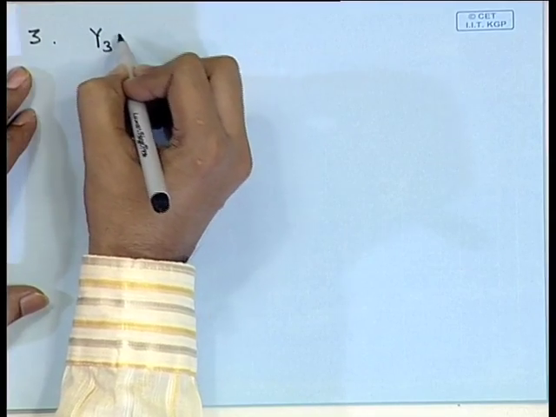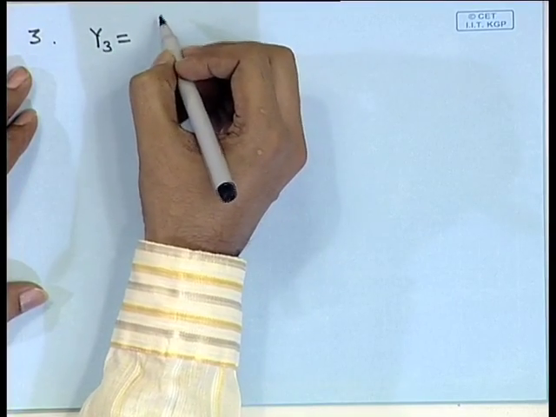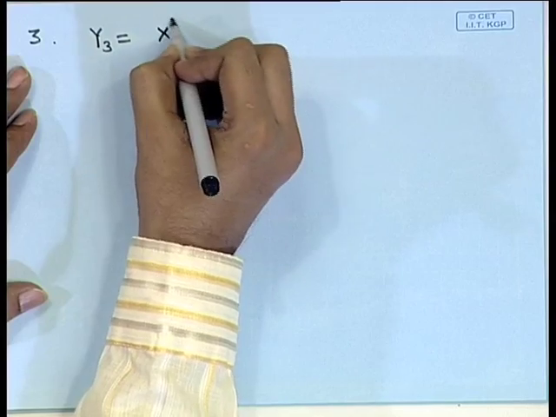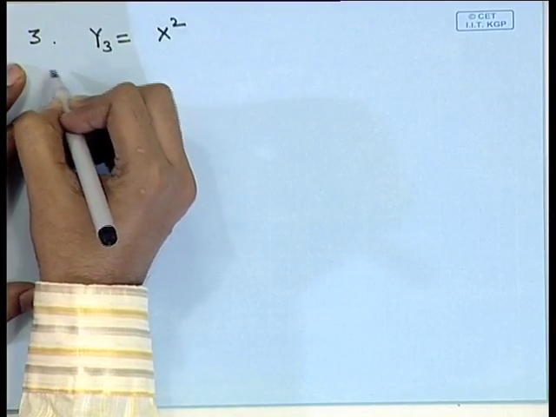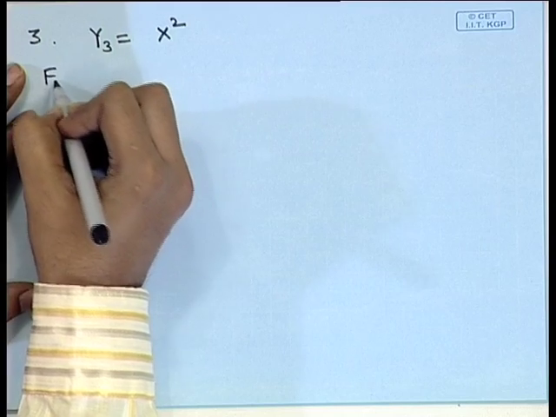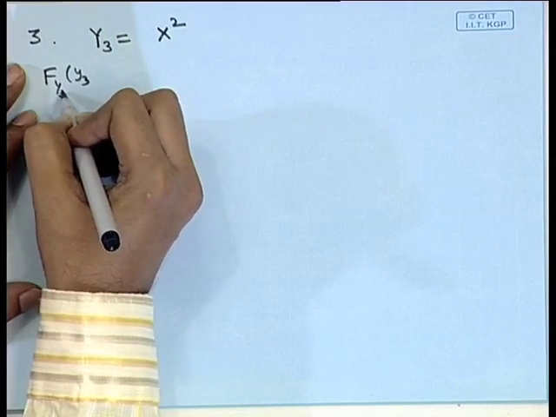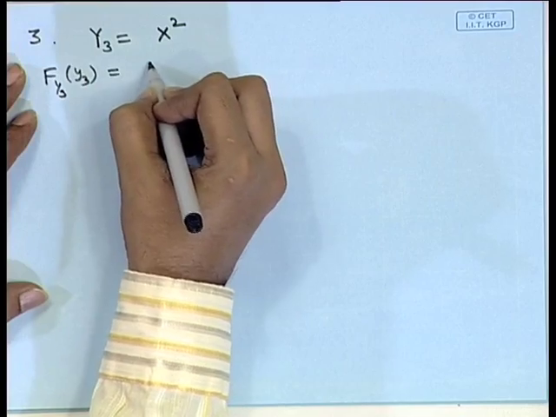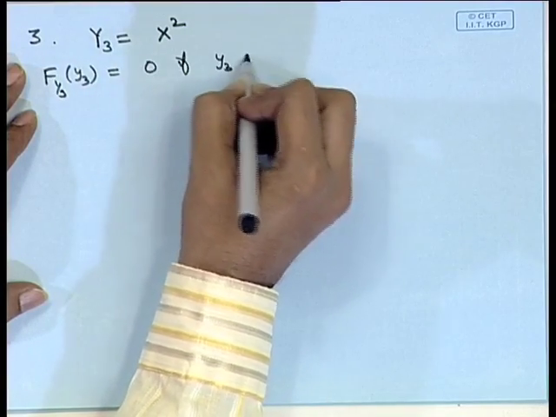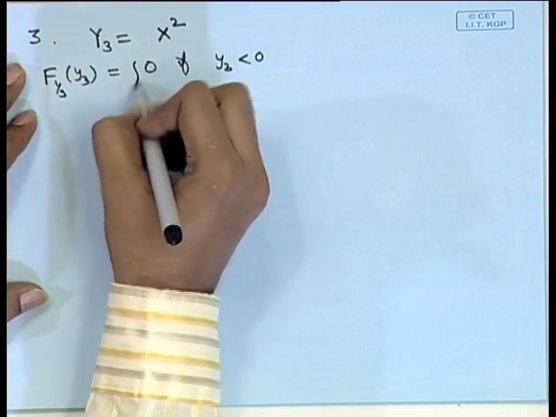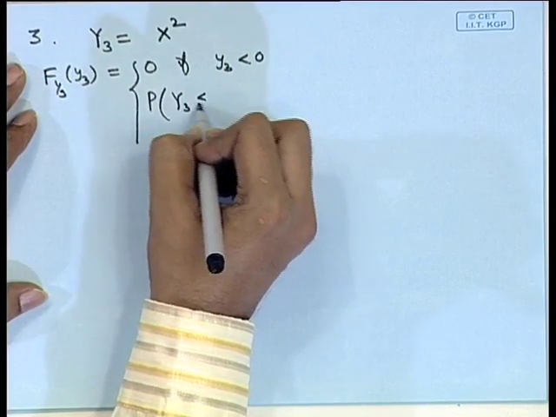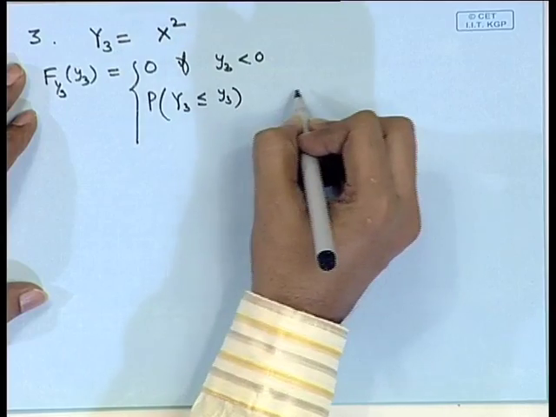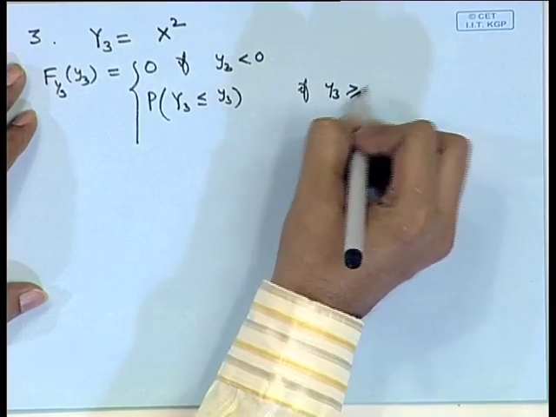Let us take, say, y 3 is equal to x square. Once again, if I consider F of y 3 at y 3, then this is 0 if y 3 is less than 0, and it is equal to probability of y 3 less than or equal to y 3 if y 3 is greater than or equal to 0.